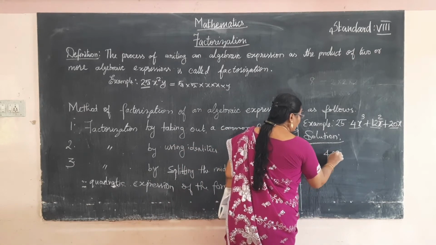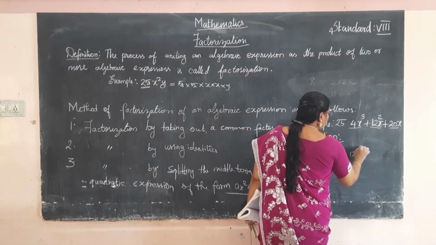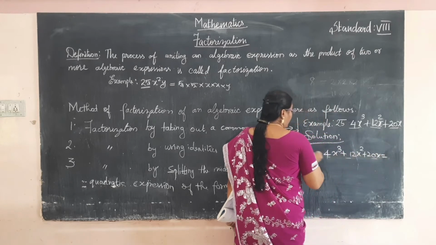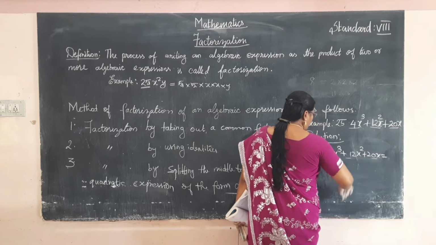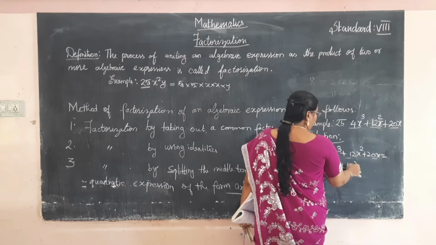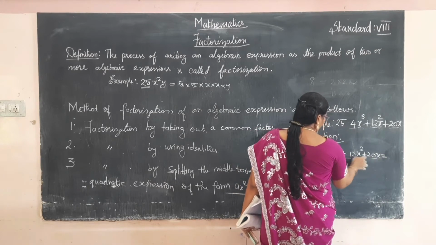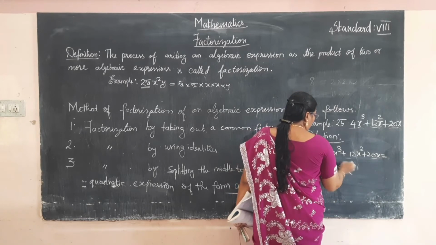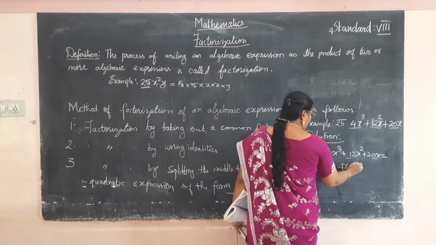First write the algebraic expression: 4x power 3 plus 12x power 2 plus 20x. These are multiples of 4, so we take 4 outside. Also x we take outside, as all the terms have x. So 4x taken from the first term, what remains? x squared only.